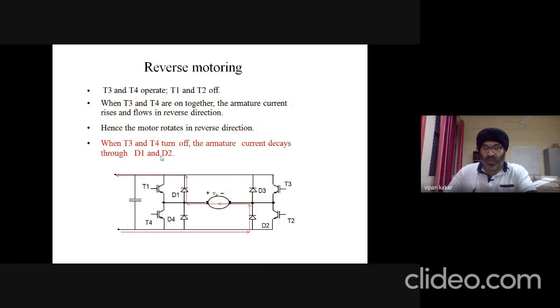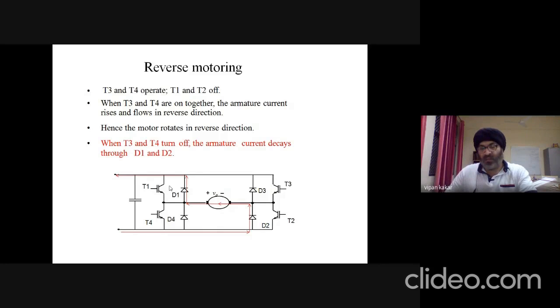So now this T3 and T4 are turned off. So when T3 and T4 are turned off, now the freewheeling action will start. And we know that freewheeling action will decay the current. So ramping down of the current.